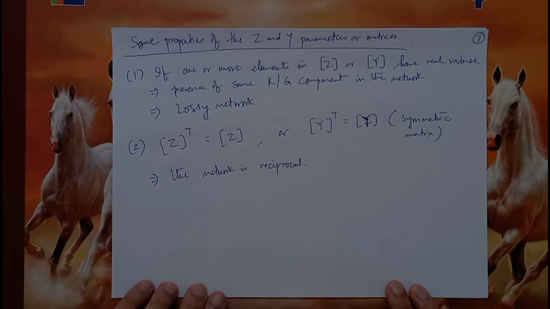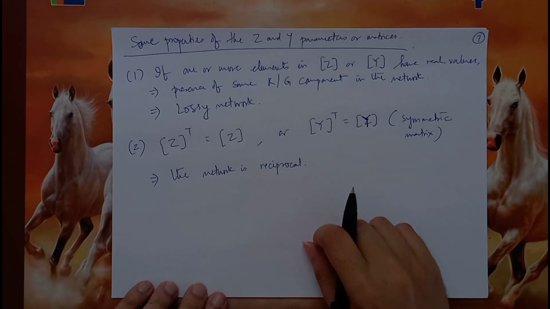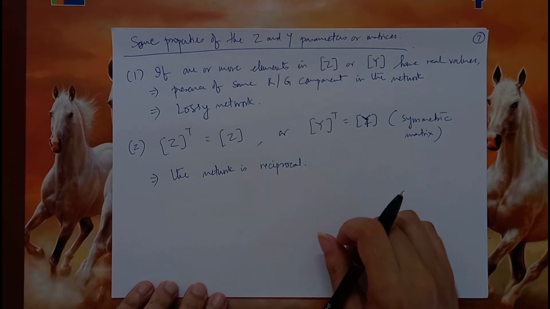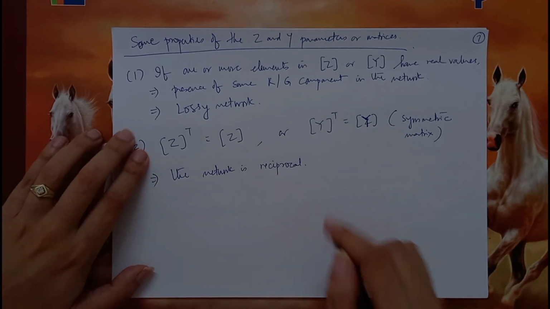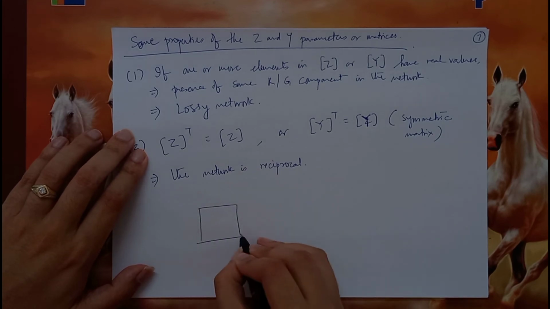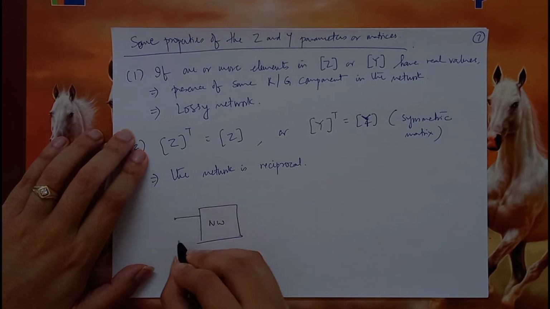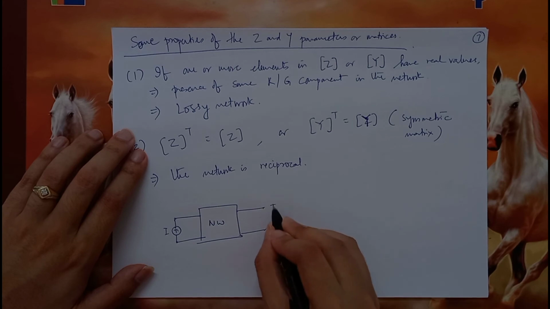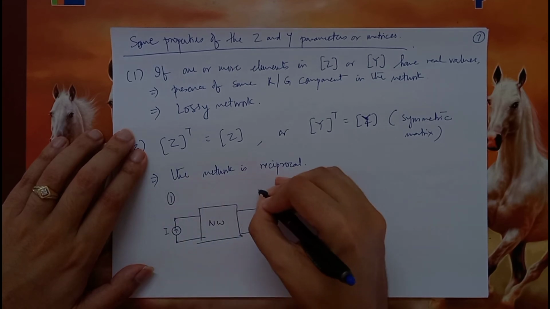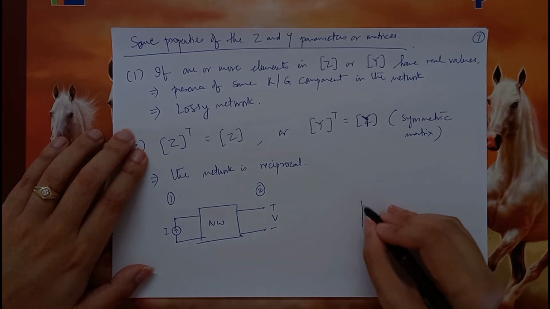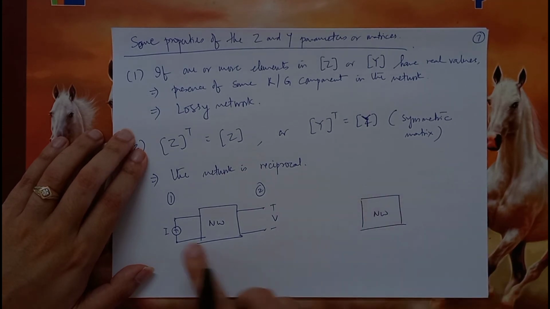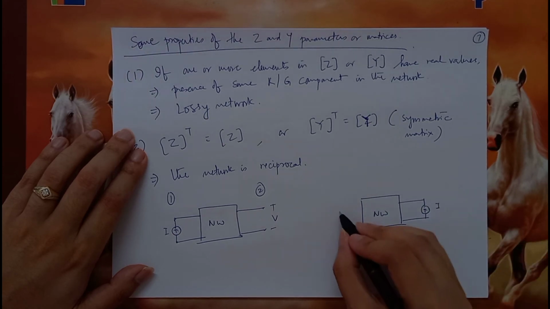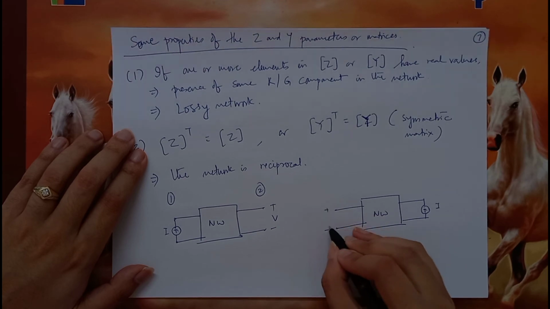So, as you know, reciprocity is defined in the following manner. Suppose I have this network and I am feeding port 1 with some current I, and at port 2 it produces a voltage V. This is port 1, this is port 2. On the other hand, if I now feed the same current to port 2 and this produces some voltage V at port 1.